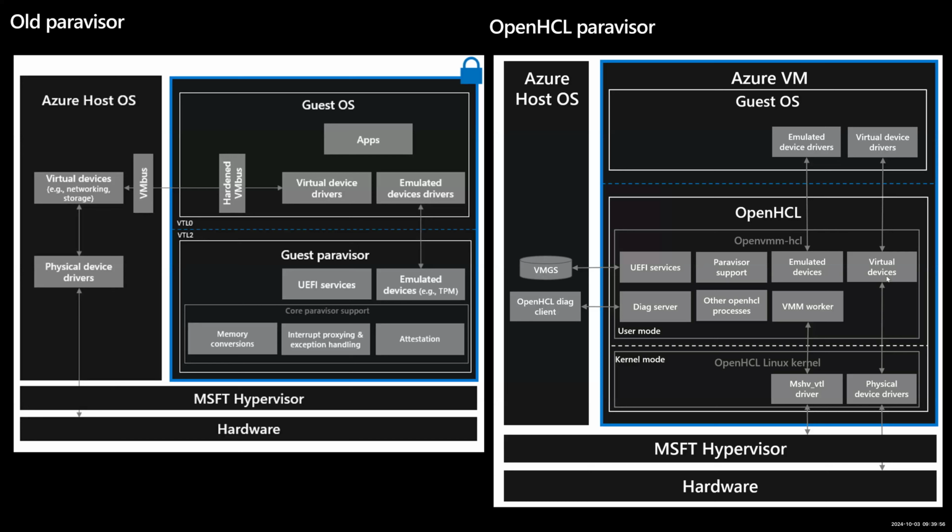And one key thing to mention is that the VMM itself is written in Rust as part of our effort to have memory safety as much as we could. Any questions here?